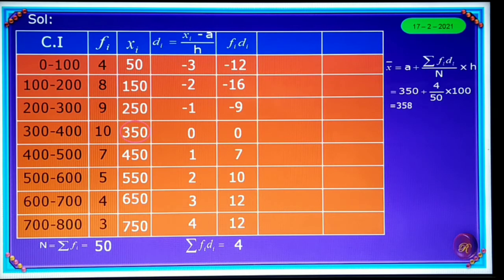Next column is for absolute values of xi minus x bar. Absolute value of 50 minus 358, that is 308.